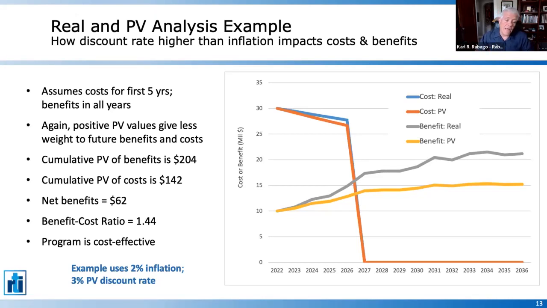As we're going to explain later on, one of the nice things about benefit cost analysis is that you can use multiple discount rates in order to get a sense of how programs perform either under a lower societal discount rate compared to maybe a higher private discount rate. And that can help regulators and utility managers make decisions.